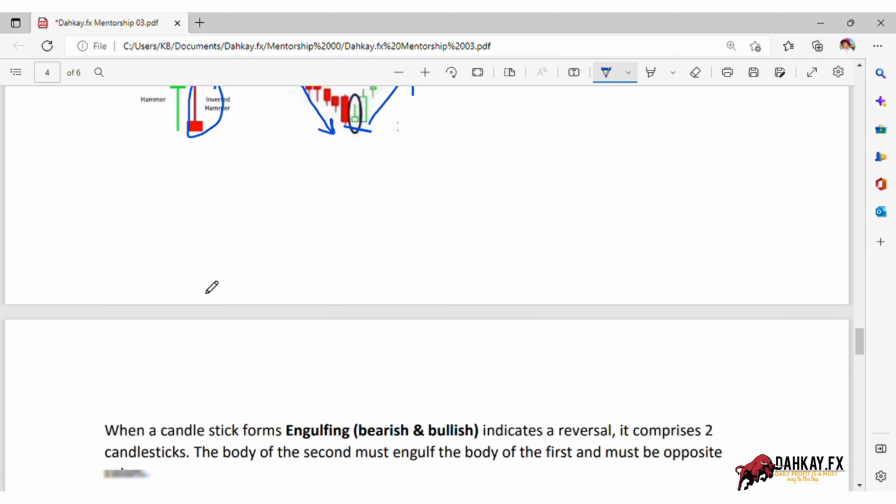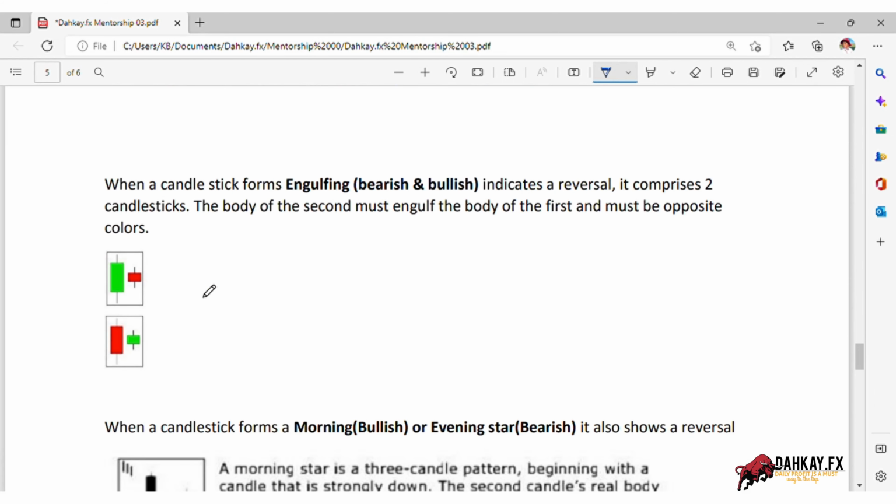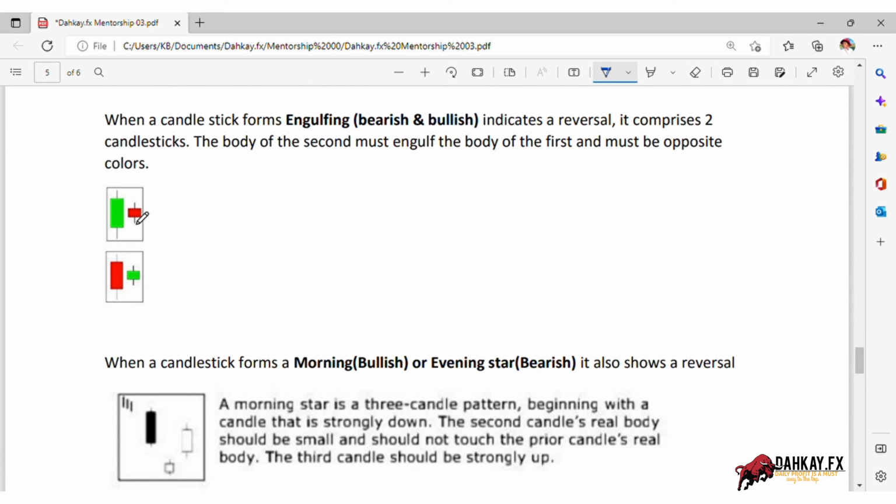So let's pass to the next type of candlesticks. We also have what we call an engulfing, either bearish or bullish engulfing, guys. It will depend on the market. When a candlestick forms an engulfing, either bearish or bullish, that indicates a reversal.